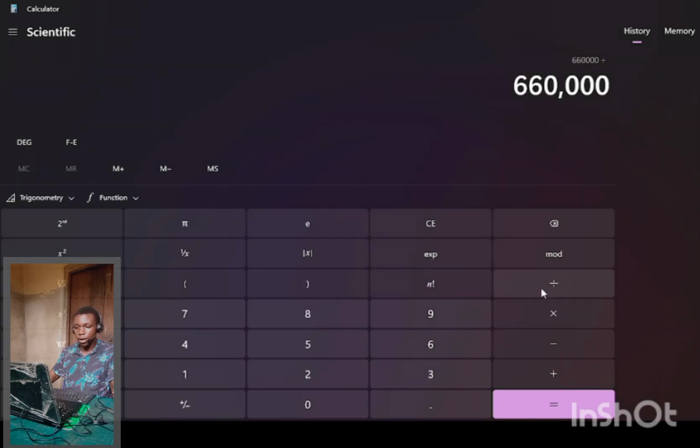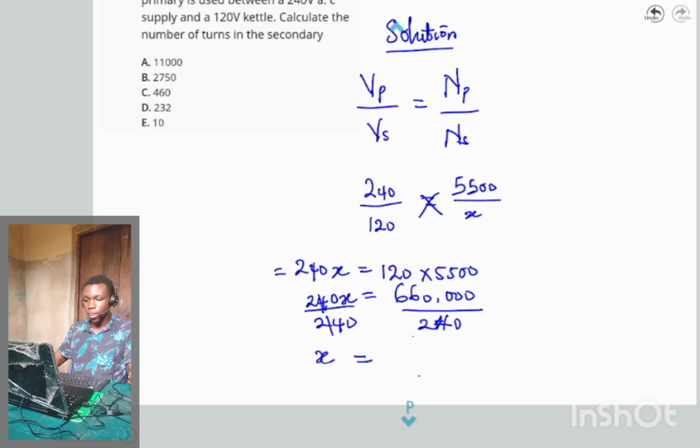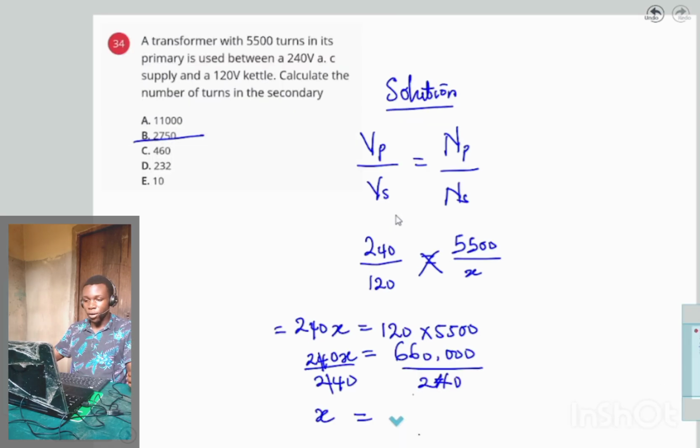That is equal to 2,750. So we've obtained clearly what we want, and let's see if the options are available. Okay, so yes, the option is B, and there we go. We solved the problem from one of the external exams.